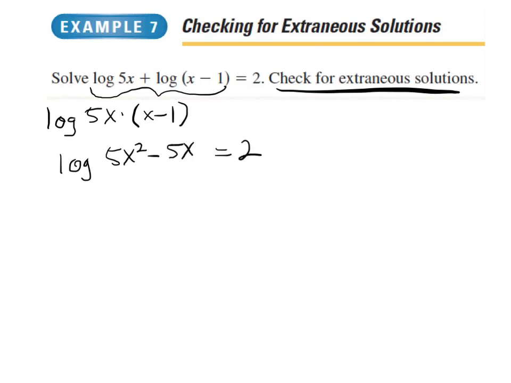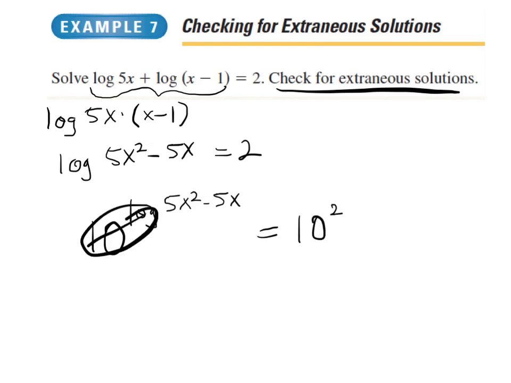So we're going to exponentiate these, and since we have no base written, we assume base 10. So I'm going to say, well, that's 10 to the log of 5x squared minus 5x equals 10 squared.